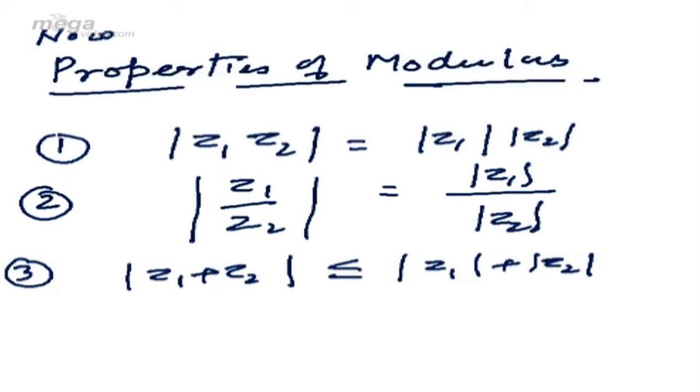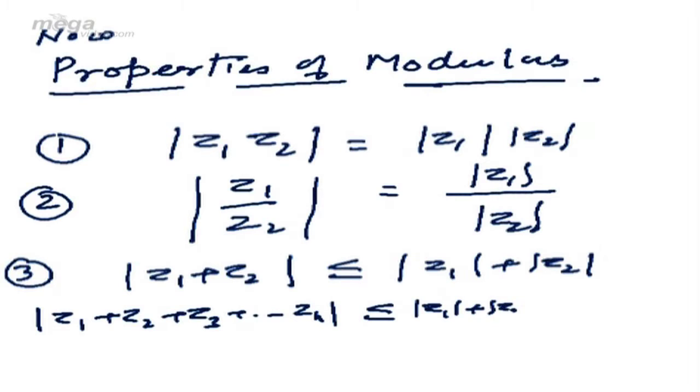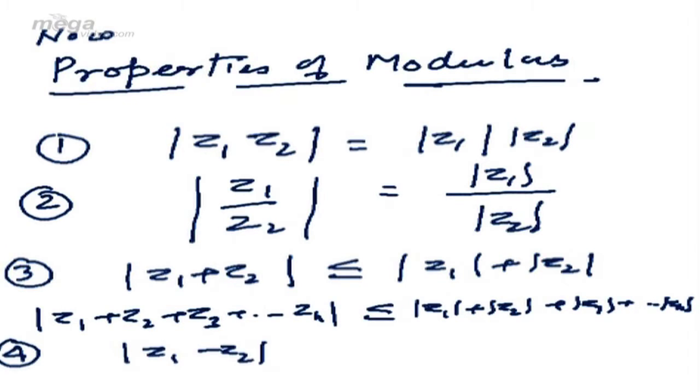You can extend this property further, that mod of z1 plus z2 plus z3 up to zn will always be less than or equal to mod of z1 plus mod of z2 plus mod of z3 till mod of zn. And fourth one is mod of z1 minus z2 will always be greater than or equal to mod of z1 minus mod of z2 whole mod.